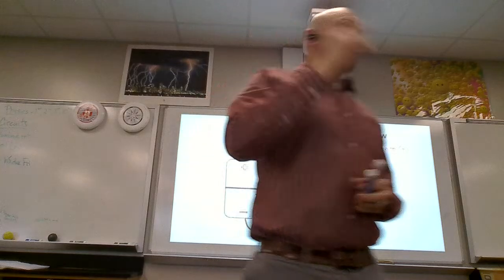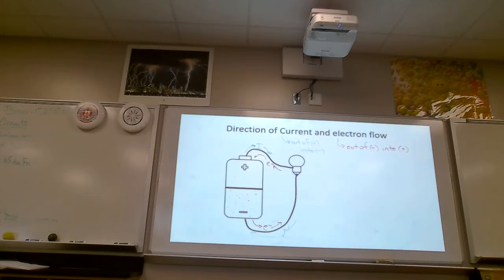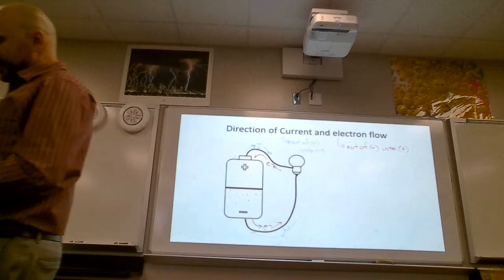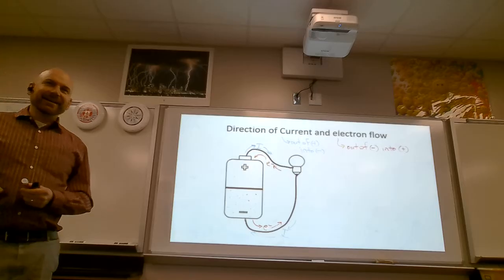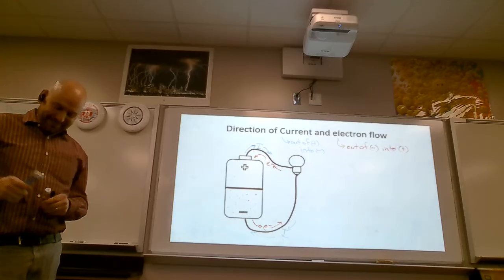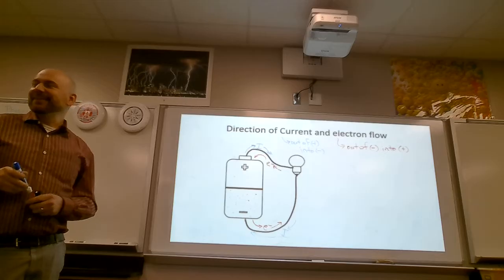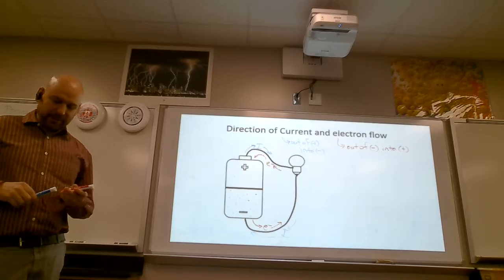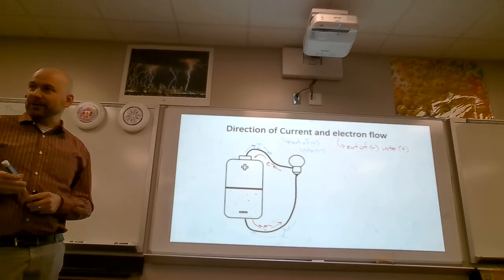If there is one thing in physics that I could change, it would be this discrepancy here. Where did this come from? Well, Ben Franklin was not only a founding father in our nation, but he was also a founding father of electricity.